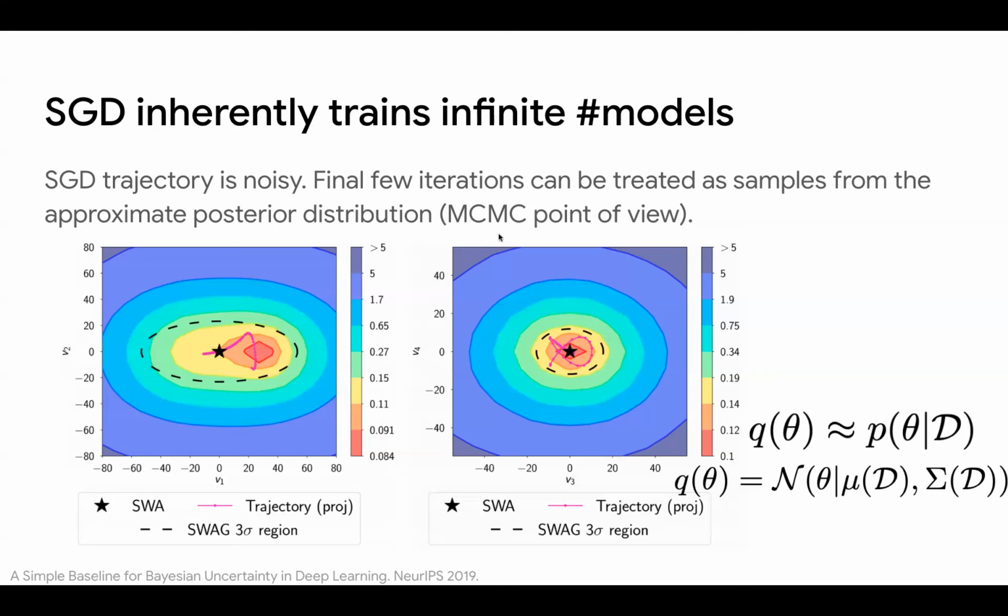And I think the first paper which started this MCMC point of view is the stochastic gradient Langevin dynamics paper, which was way before this paper. But to me, the intuition is the same. You're training with some kind of noise, so towards the end of the training, the iterations are encoding samples from some kind of distribution.